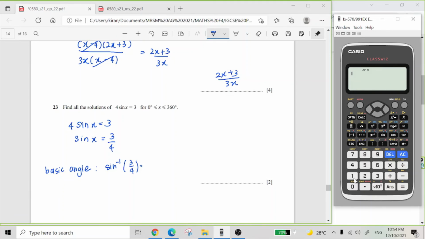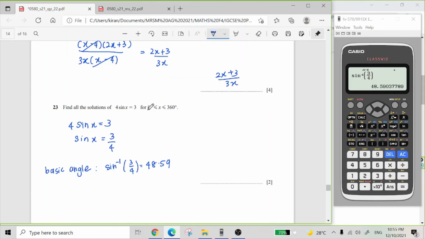So we go to the calculator, shift sine, and then we put 3 over 4 here, and then we get the basic angle, which is 48.59. That is the basic angle.